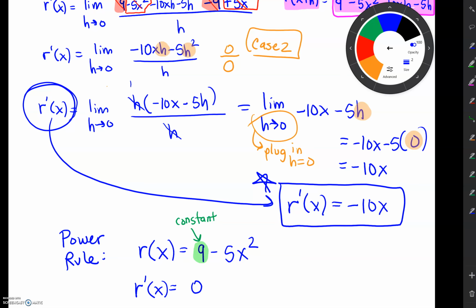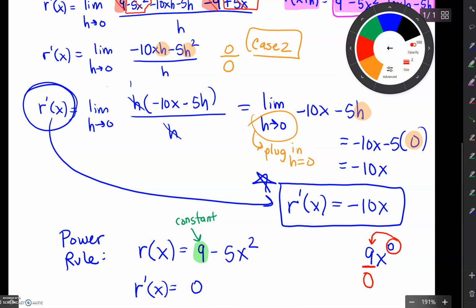We don't have to apply the power rule, but if you wanted to, you'd have to rewrite the term 9 to have a base with an understood exponent. So there's technically a base x of degree 0. A constant is degree 0. And then if we had tried our power rule there, our power rule says to multiply the exponent times whatever coefficient is in front of our base, but 0 times 9 is 0.